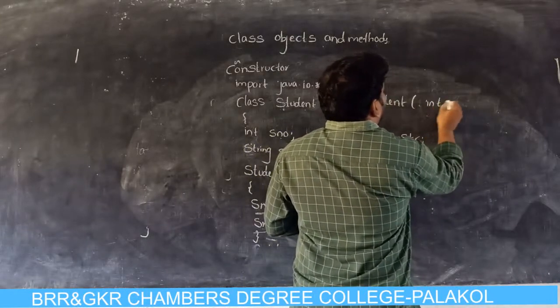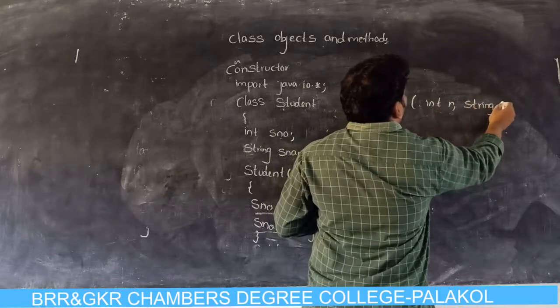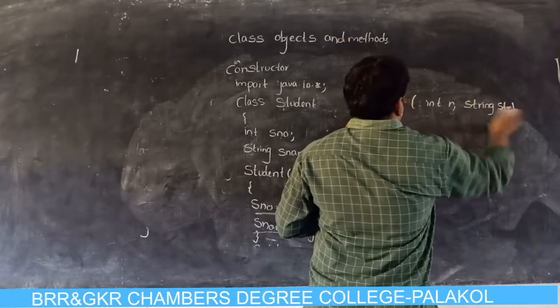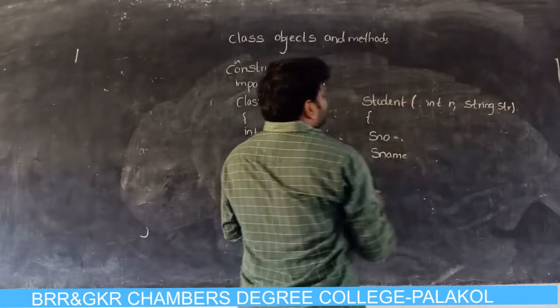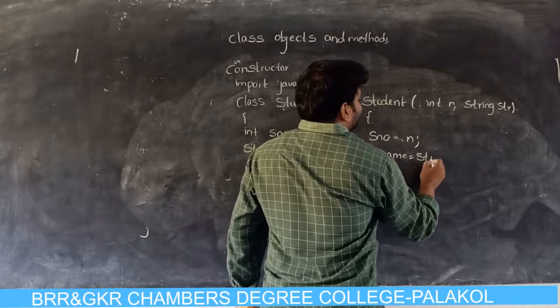Int n and String str are the variable declarations. S number is equal to n, s name is equal to str.